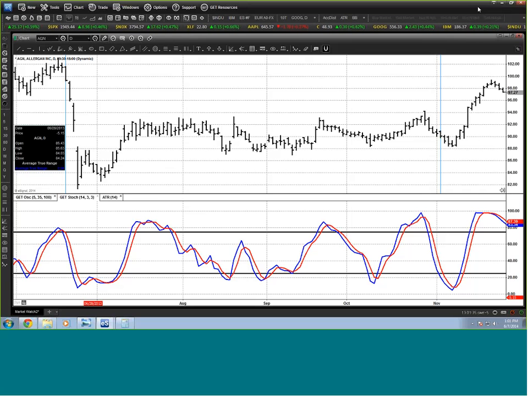All right, now, one of the things that I really want to stress to you as traders, when it comes to looking at a chart, like right now, I've got a daily chart of AGN, Allergan. What you have to separate in your mind as a trader is that it's not about finding every single market top and bottom.